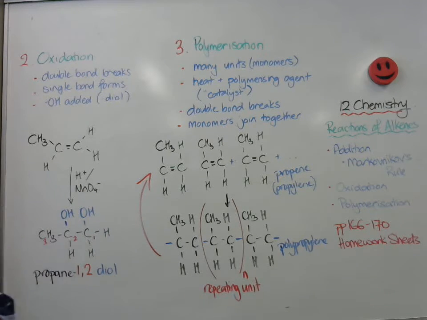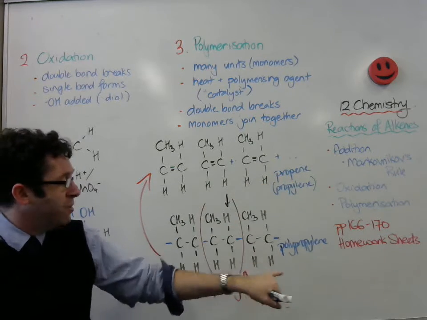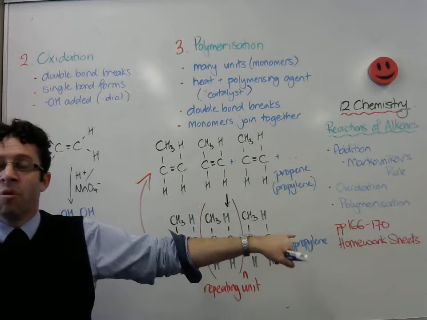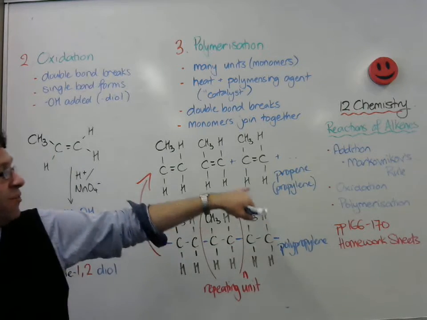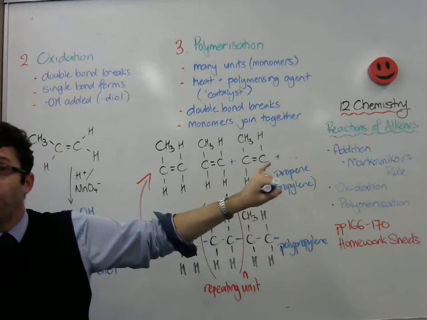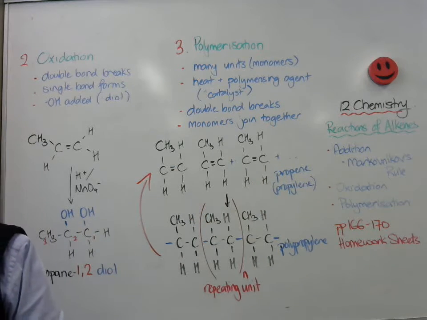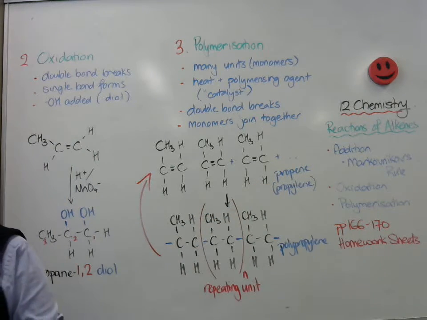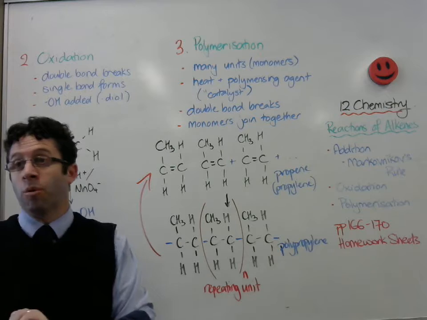You might have to, given the name of the monomer, name the polymer. You put the word poly at the front. You might, from the name, have to identify the name of the monomer. Take poly away. Or you might be asked to give the IUPAC name of the monomer. Which one of those is the IUPAC name? The one not in brackets, good, the top one.